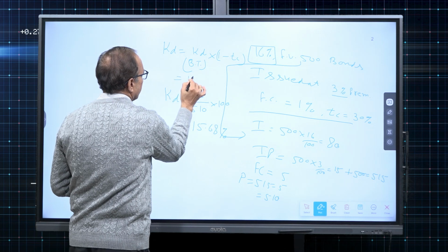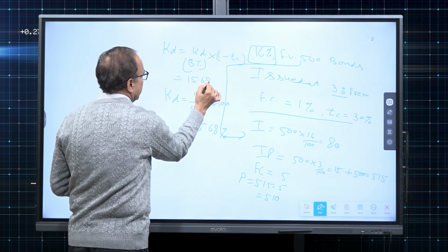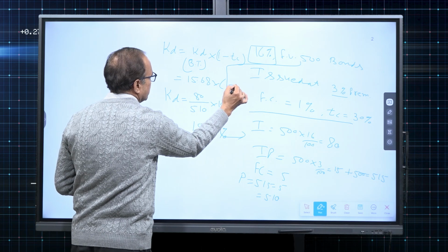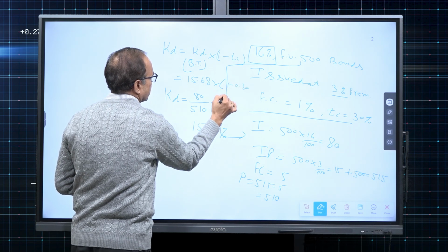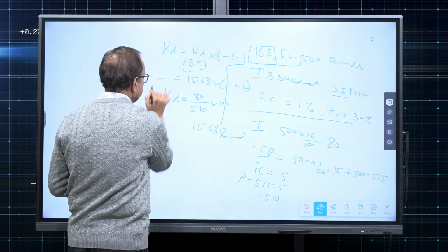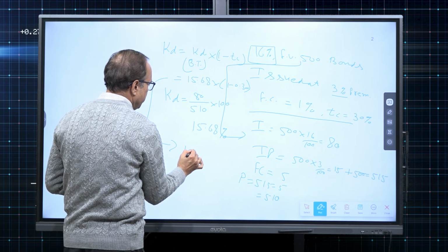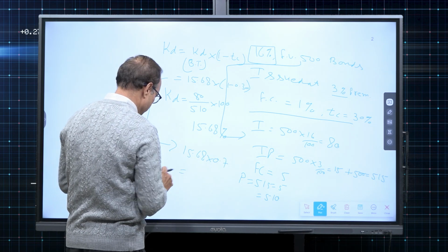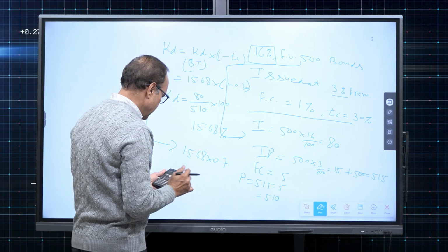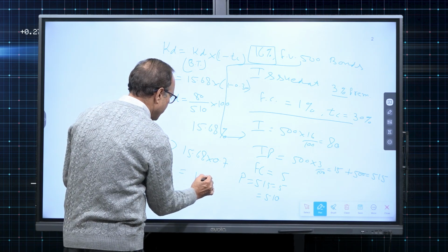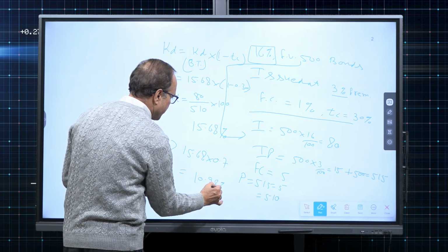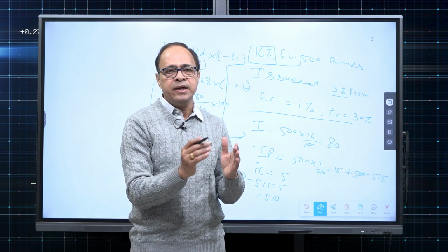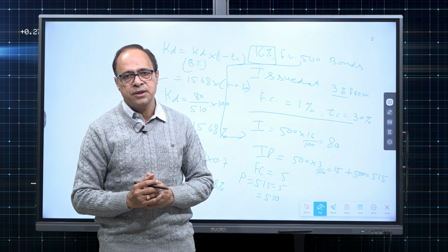So, we get 15.68 multiplied with 1 minus 0.30. So, what do we get? 15.68 multiplied with 0.7, we get 10.98%. So, that is how cost of perpetual debt or non-redeemable debt is calculated.